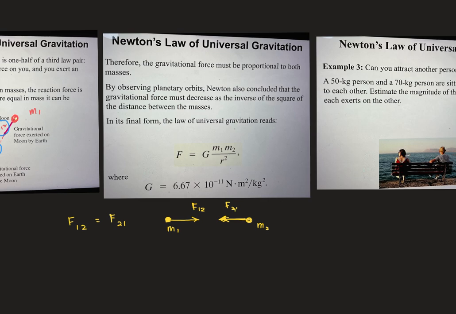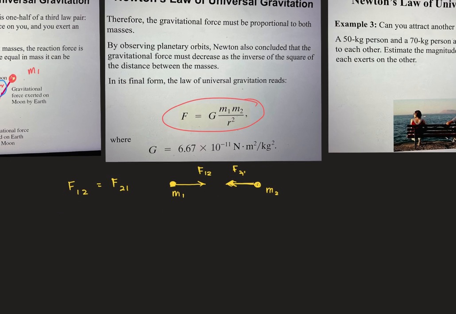Now in the equation you see M1 and M2, because those are the two masses. The force F is given by the uppercase G, which you don't know about yet, times M1 M2 over R squared. R is the distance between these two masses.